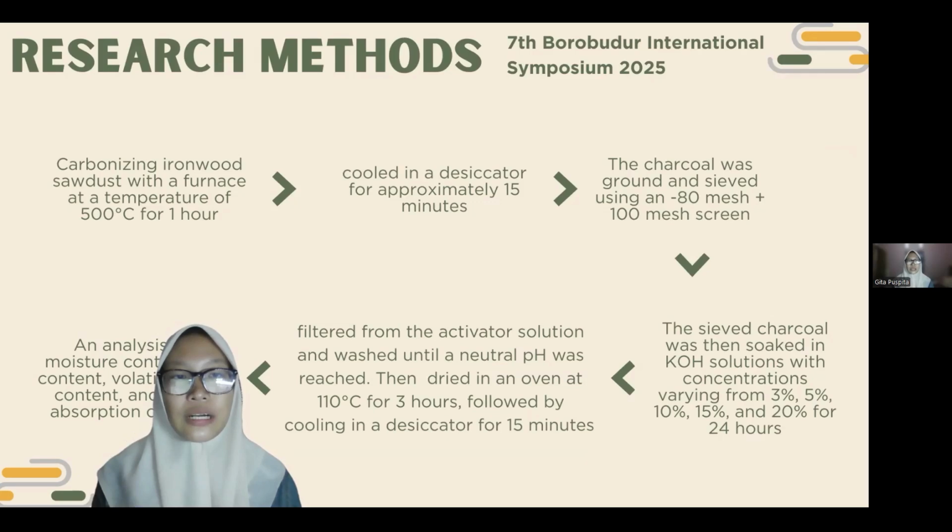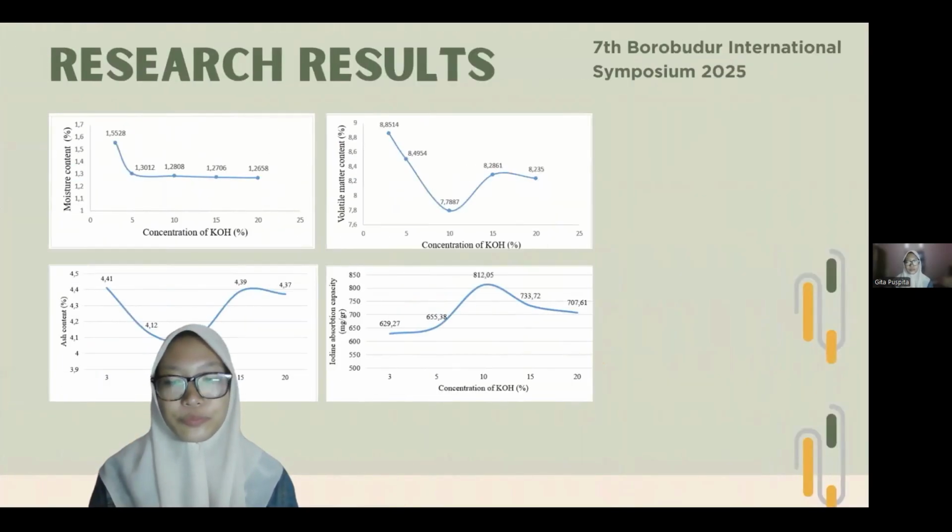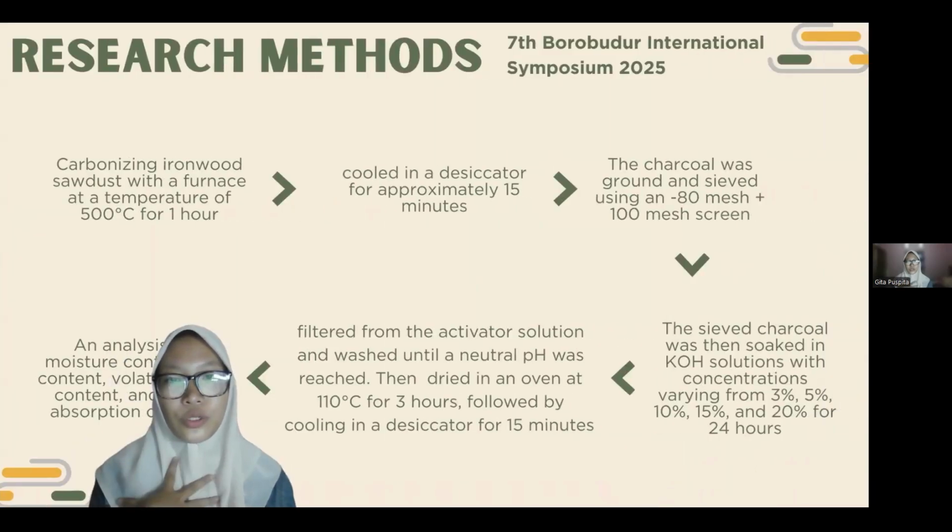While we do the carbonization process, we also prepare an activator solution with varying concentrations of 3%, 5%, 10%, 15%, and 20%. The activator solution was prepared by weighing 3 grams of potassium hydroxide to achieve a concentration of 3%.